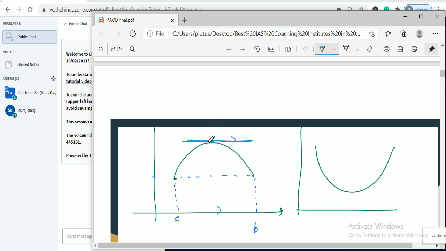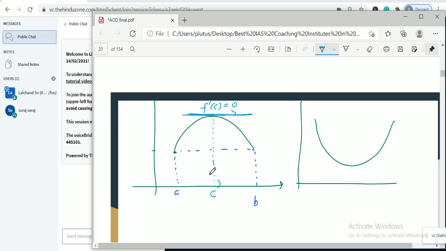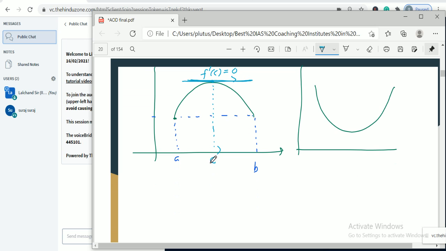This is the point c, where f'(c) is 0. That means the slope of the tangent at x equal to c is 0, or we can say it is parallel to the x-axis.